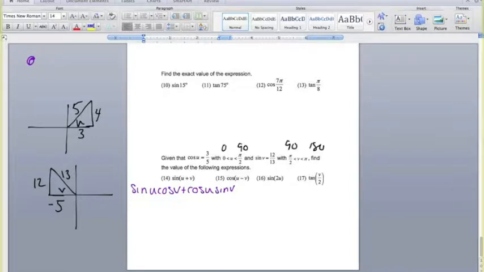And then I'm going to grab these from my triangles. So in the u triangle, the sine is 4/5. In the v triangle, my cosine is negative 5/13. In the u triangle, my cosine is 3/5. And in the v triangle, my sine is 12/13.